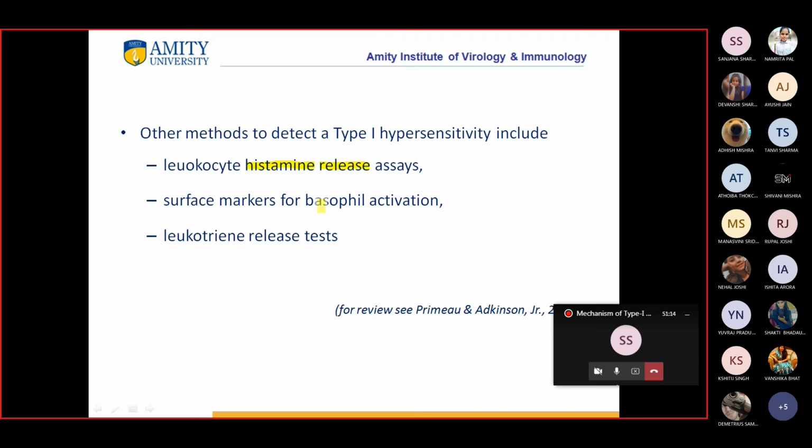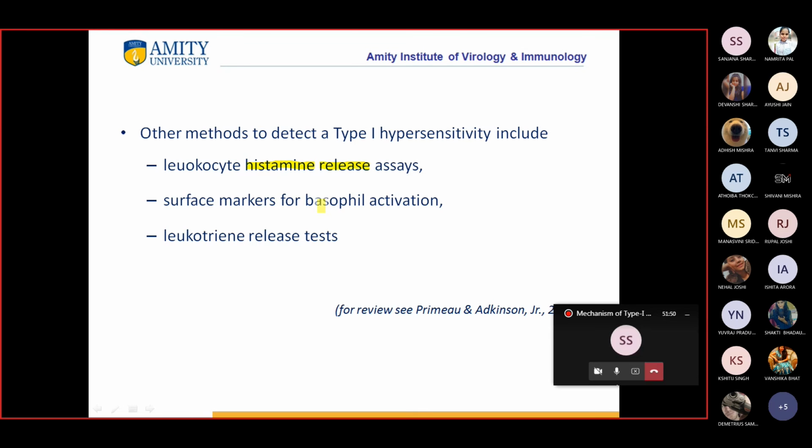We haven't discussed this, but the cell at different stages of its growth and differentiation expresses different markers. Like, you can see a child and identify, okay, this is an infant, this is a teenager, this is a young adult, this is maybe an old person. So you can identify by seeing.